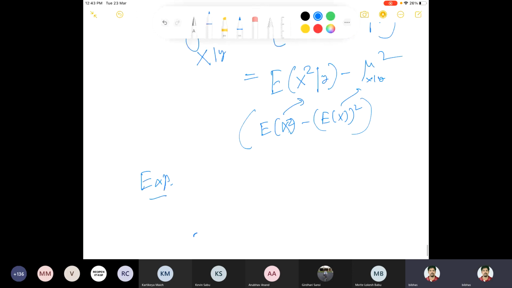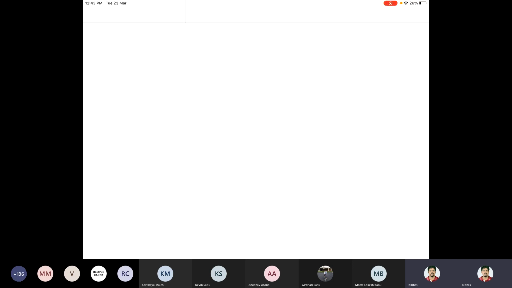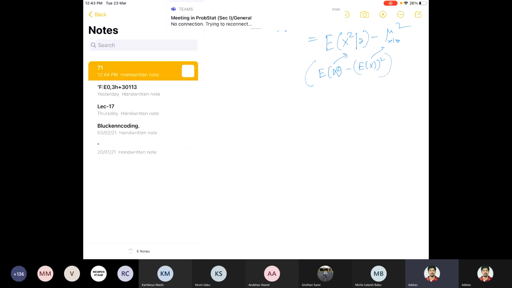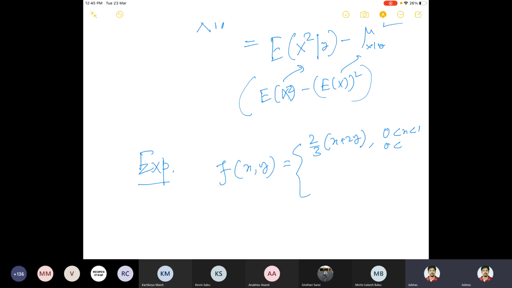Okay, so let us consider an example. Suppose we have this joint PDF f of x,y equal to 2 by 3 times (x plus 2y), when 0 less than x less than 1, 0 less than y less than 1, and 0 otherwise.